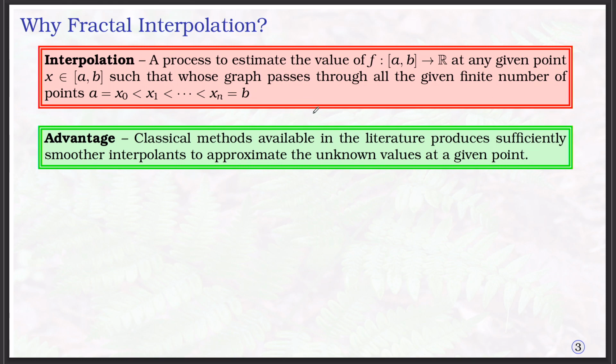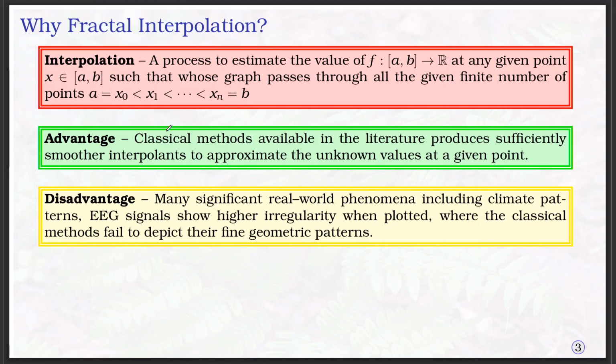There are different methods available to generate the classical interpolation, whereas many significant real world phenomena, including climate patterns and EEG signals, show higher irregularity when plotted, where the classical method failed to depict their fine geometric pattern.